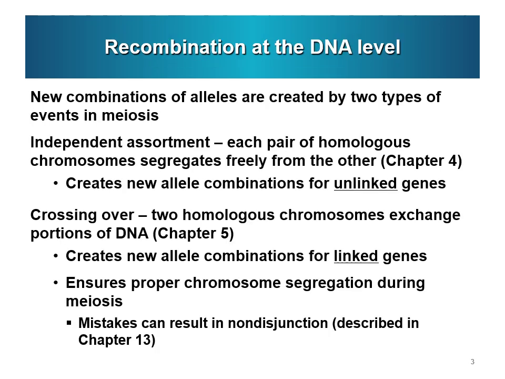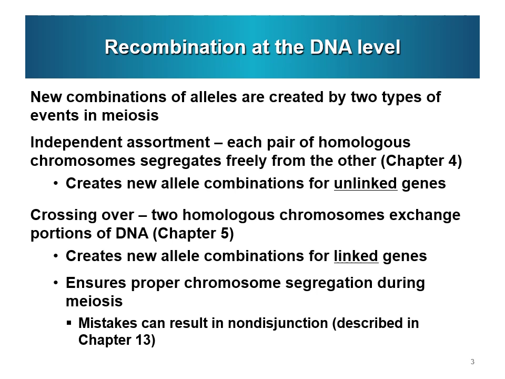Okay, as a review, let's talk about recombination at the DNA level. During recombination, new combinations of alleles are created by two types of events in meiosis. One is independent assortment, where each pair of homologous chromosomes segregates freely from each other, which we covered in chapter 4.